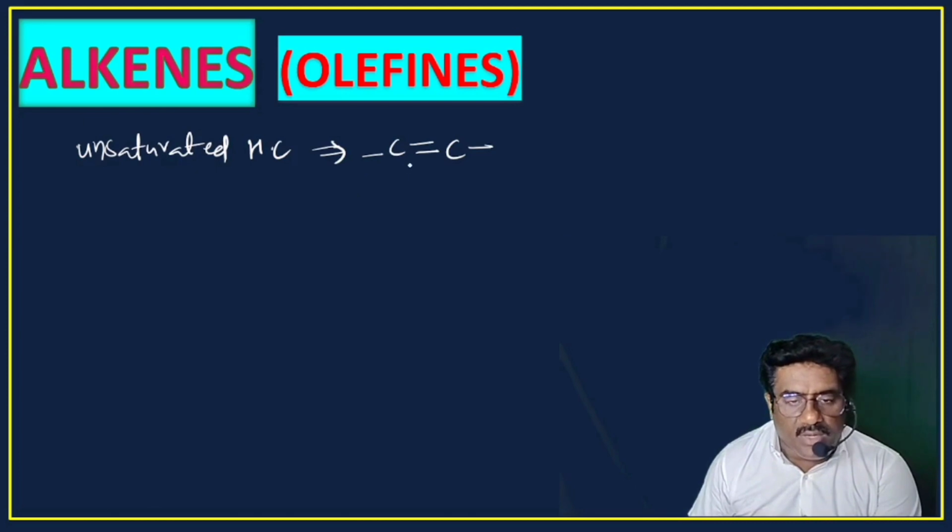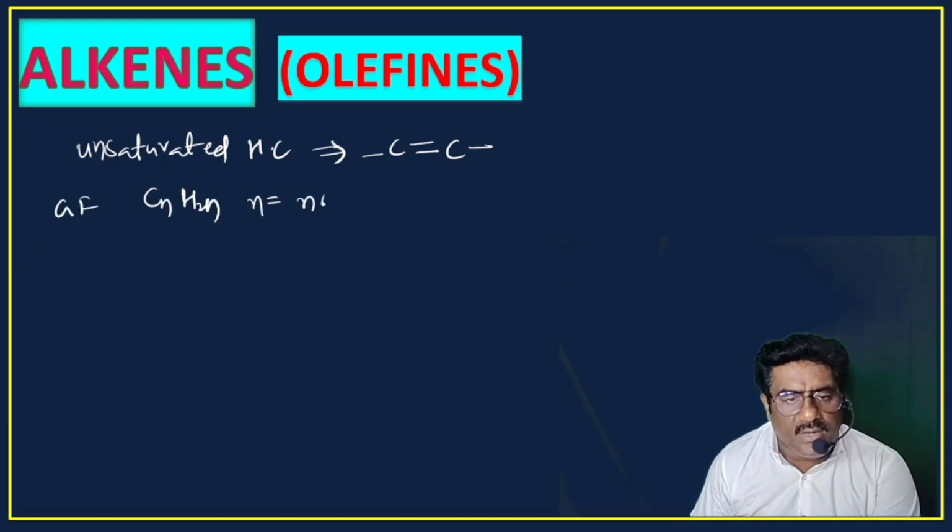In this carbon-carbon double bond, it undergoes sp2 hybridization. Its general formula is CnH2n. N stands for number of carbons.